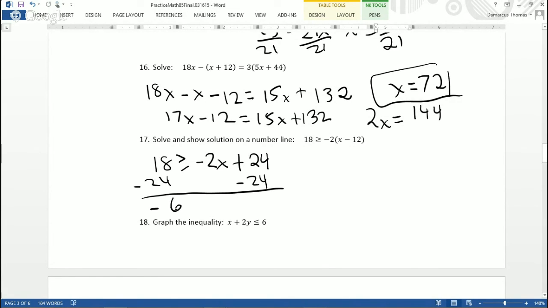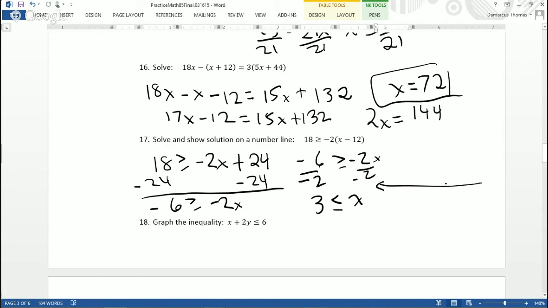We're going to be left with negative 6 is greater than negative 2x. Divide both sides by negative 2. When you divide an inequality by a negative number or multiply by a negative number, the sign must change direction. So we're left with x is greater than or equal to positive 3.